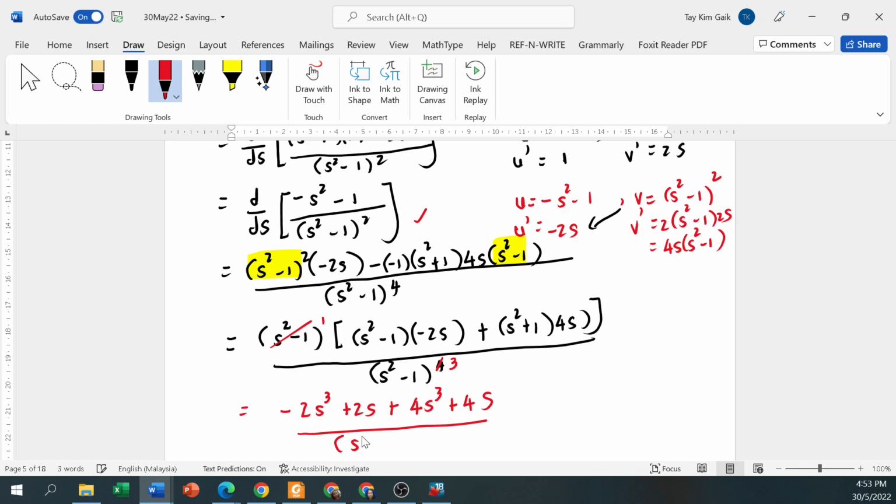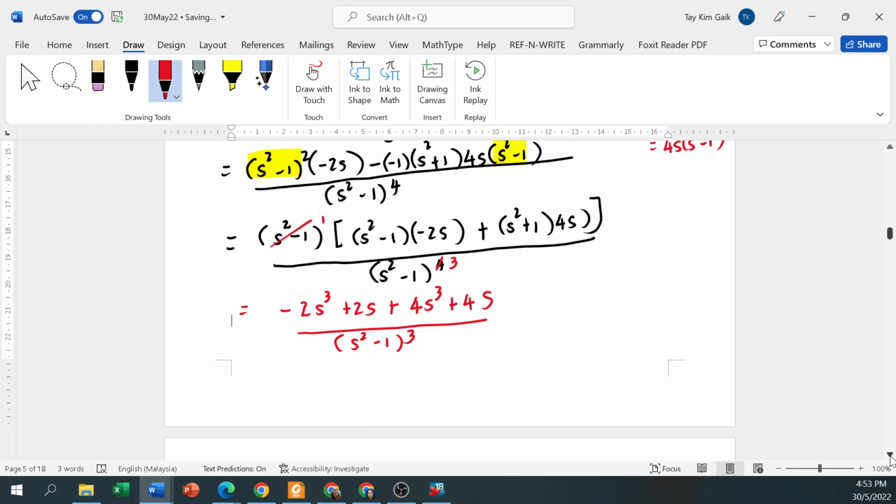Divide s squared minus 1 power 3. So 4s cubed minus 2s cubed, we got 2s cubed, 4s plus 2s, plus 6s. Divide s squared minus 1 power 3. Factor out 2s, this is s squared plus 3, divided by s squared minus 1 cubed.